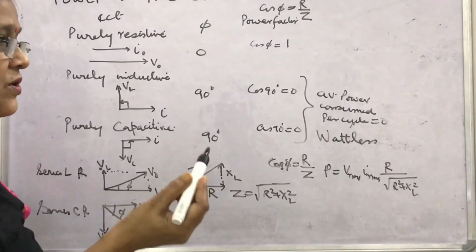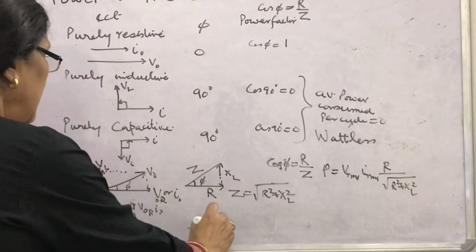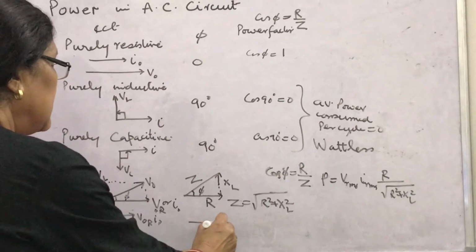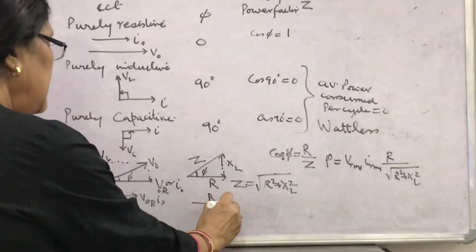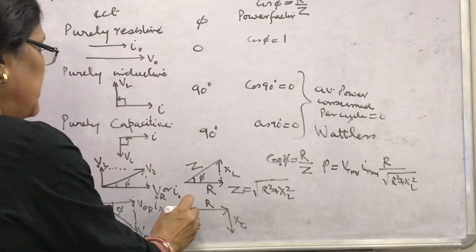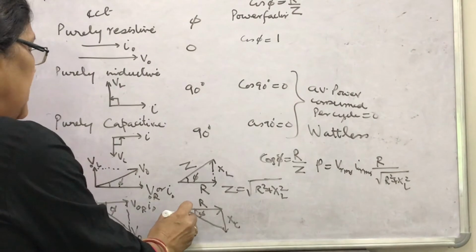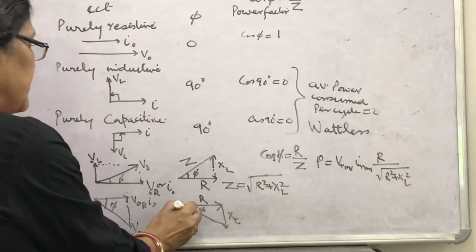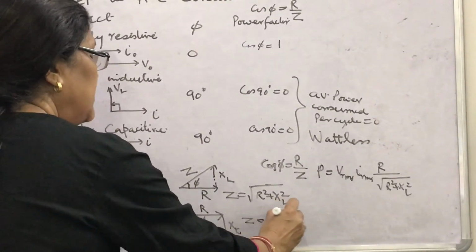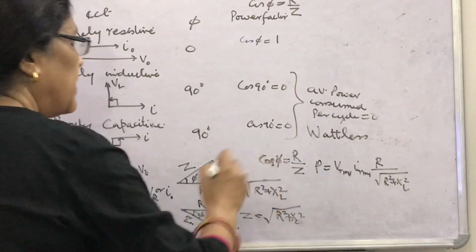So in the impedance triangle, if you draw it, this is R and this is XC. Then at angle phi, this will be Z, and the Z value can be written as under root R square plus XC square.